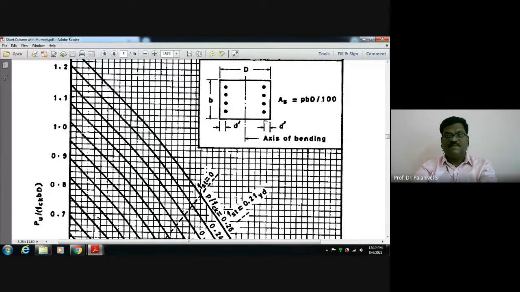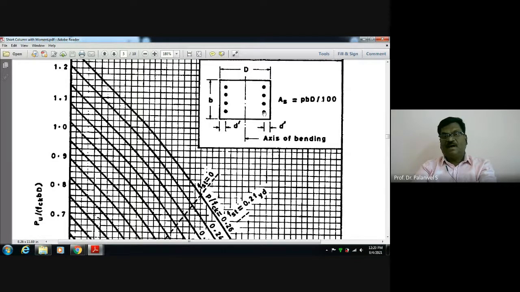Now you have to examine this. How do you examine the spacing? Either you can examine the clear spacing, or you can also verify the center to center spacing. How do you verify? Please see here, in this direction, the clear cover is supposed to be 40 mm, and here also 40 mm. Totally 40 plus 40, 80 mm.